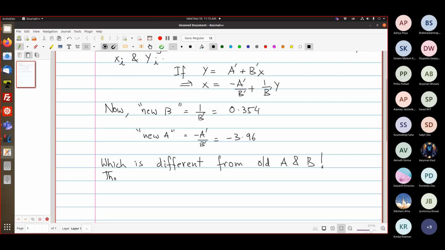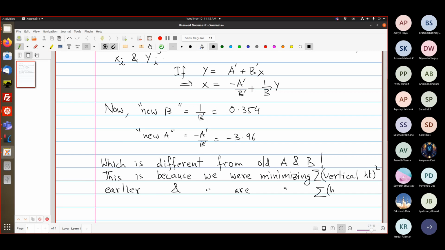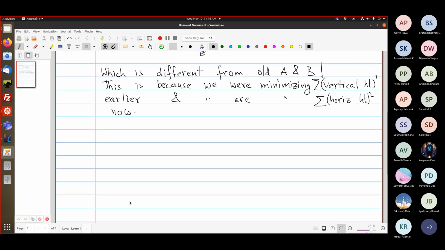This is because we were minimizing the sum of vertical height squares earlier, and we are minimizing the sum of horizontal height squares now. Okay. Alright, so this is one point I wanted to make.